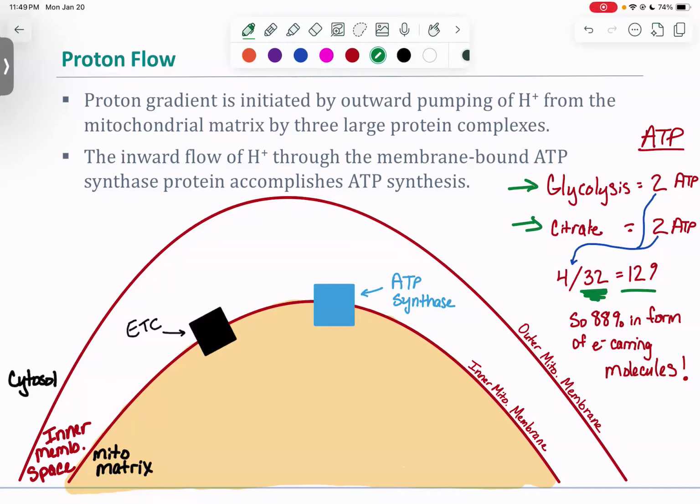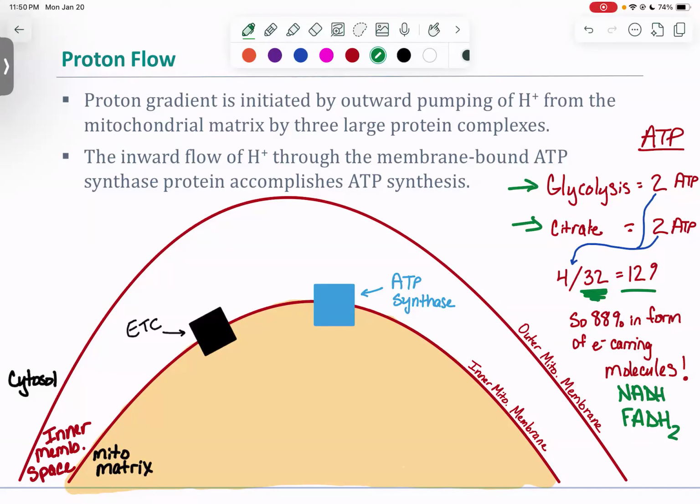In order for that to happen, we have to make our electron carriers. And remember, our electron carriers are things like NADH and FADH2, right? Those have to be oxidized in the electron transport chain in order to get the rest of that energy.